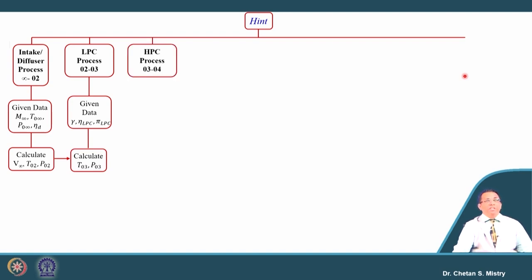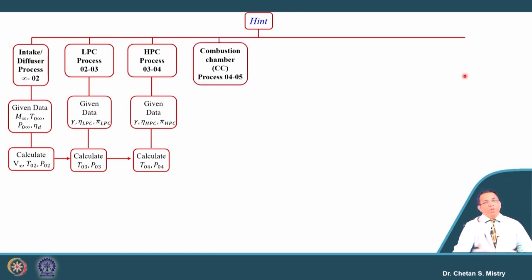Next is our HP compressor. For the HP compressor also the isentropic efficiency and pressure ratio are given, so based on the known entry pressure and temperature, we can calculate the exit pressure and exit temperature. Then we have the combustion chamber, for which burner efficiency, pressure drop and maximum turbine entry temperature are known.